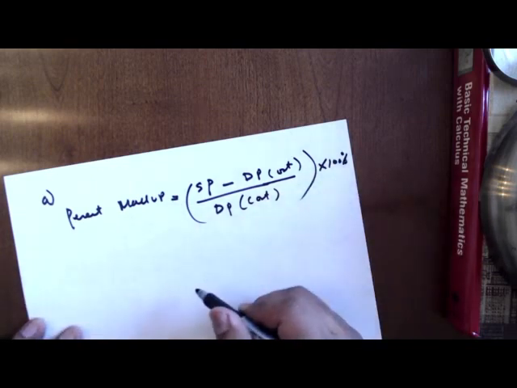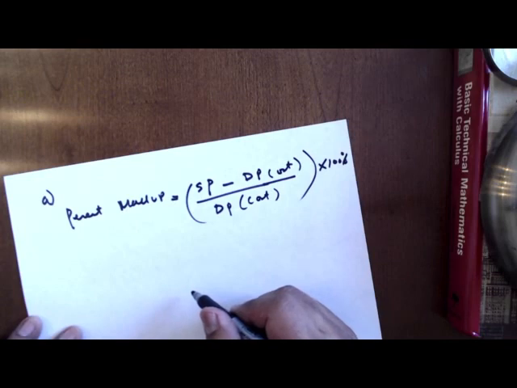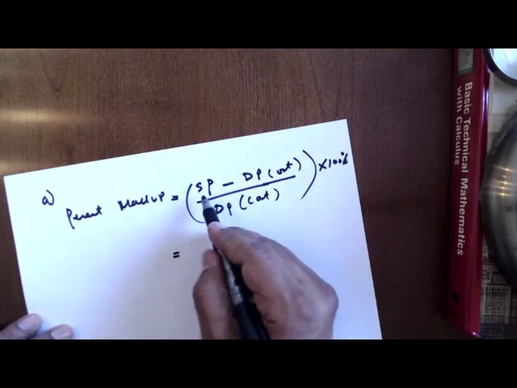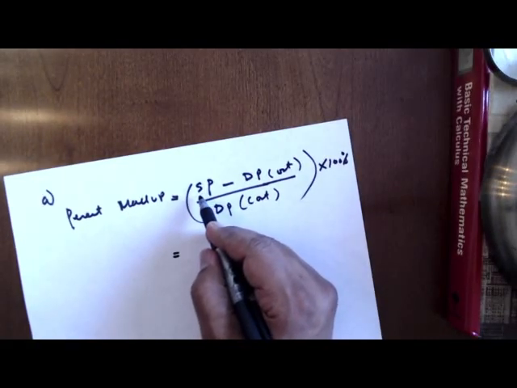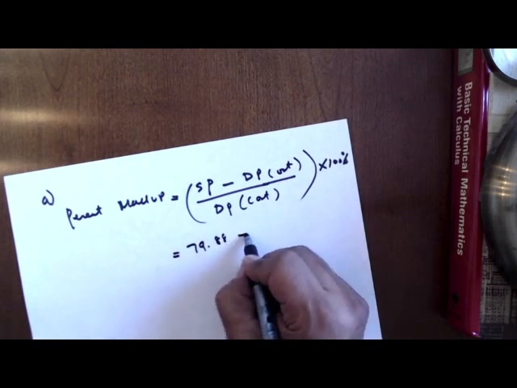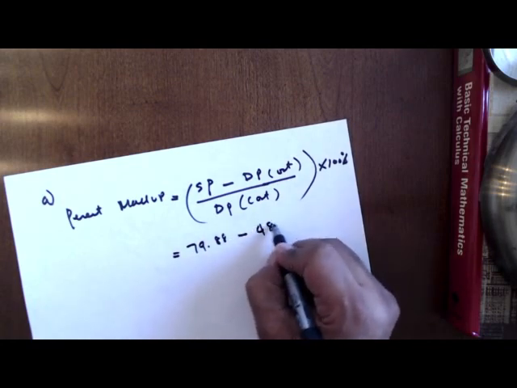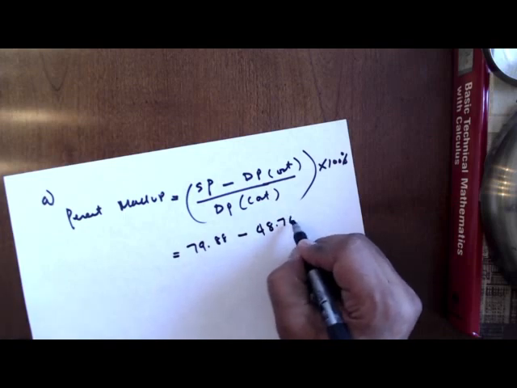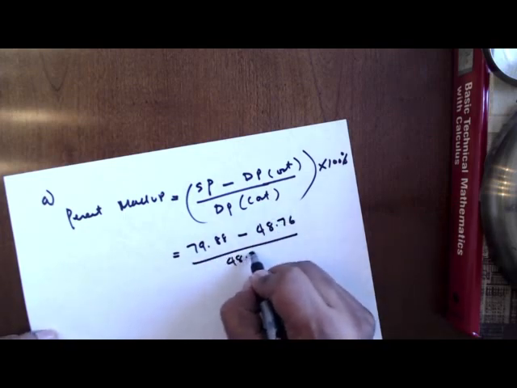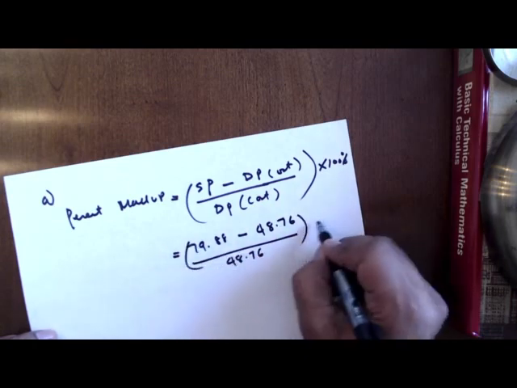In part A, then we have that the price that was paid was $48.76. That's the dealer's cost. So this is going to be equal to the selling price, which originally was 79.88, minus 48.76, divided by 48.76, multiplied by 100%.